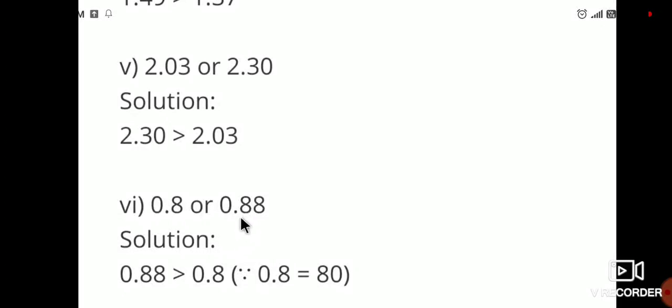In the tenths place, 8 will be there, here also 8 will be there. So the tenths place is also equal. Then we have to compare the 100th place, that is 1 by 100. Here there is no number in the 1 by 100 place. Here in the 1 by 100 place, 8 will be there. Therefore, 0.88 is greater than 0.8.